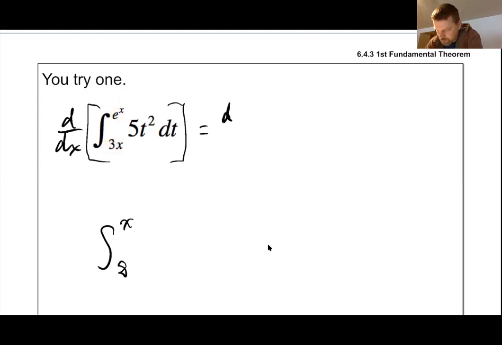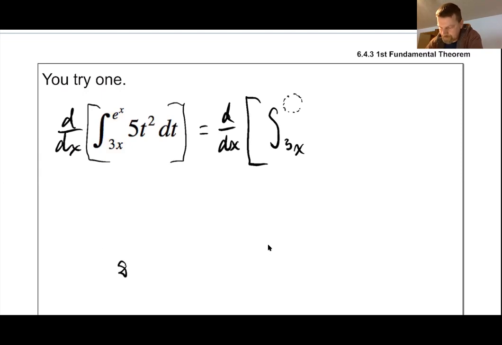So this is going to be the derivative of the integral from 3x to some number. We could call it c, or we could actually put a number here. What do you guys want to put there? 9. So let's say from 3x to 9. It doesn't really matter.